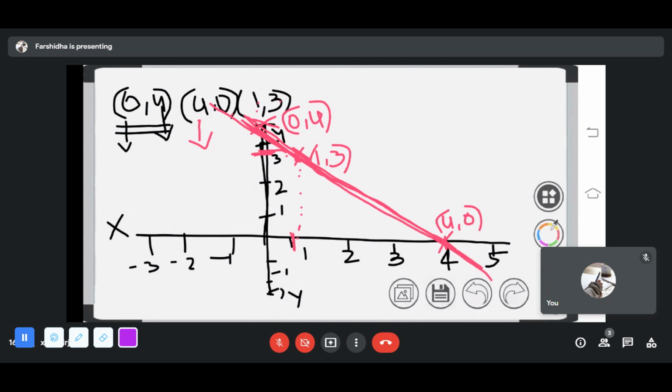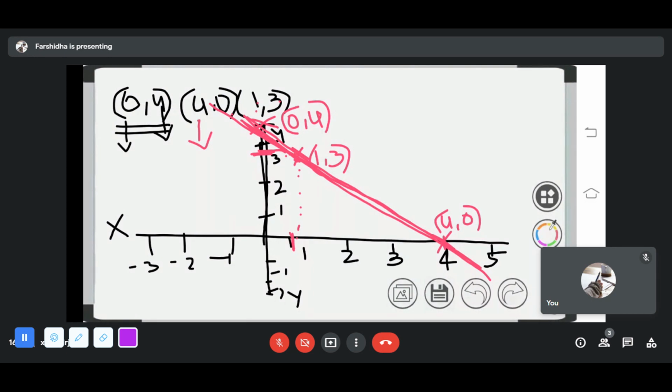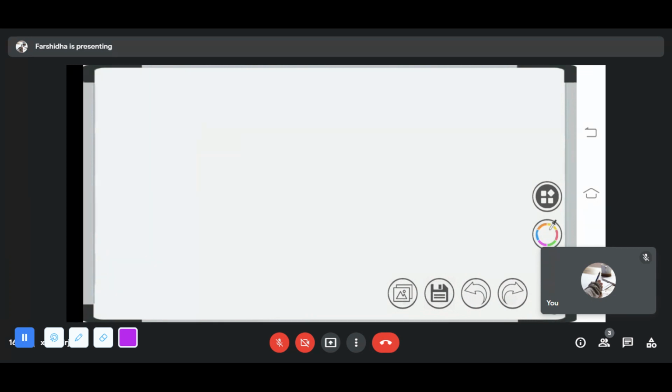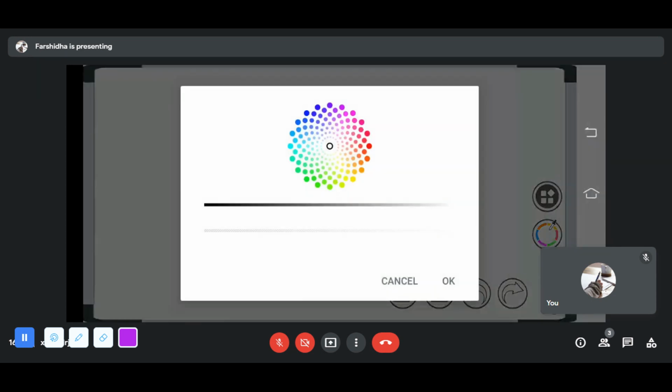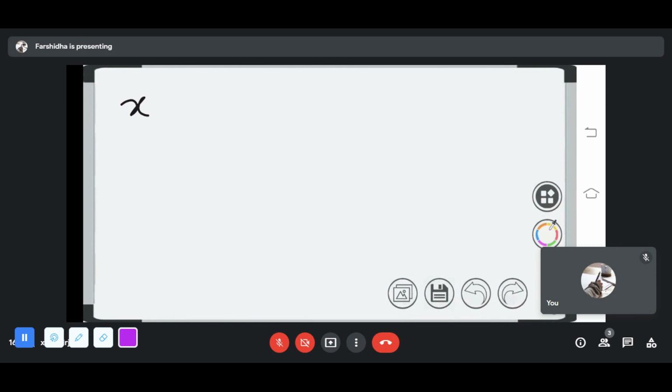That's all, you have done the first one. Same way you can do the second, third, and fourth. Okay, the second one is x minus y is equal to 2.